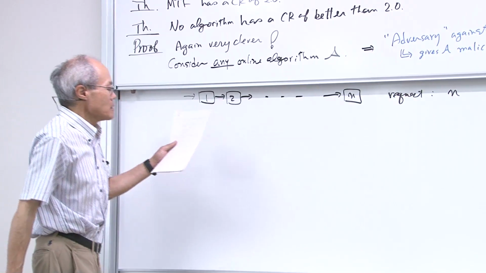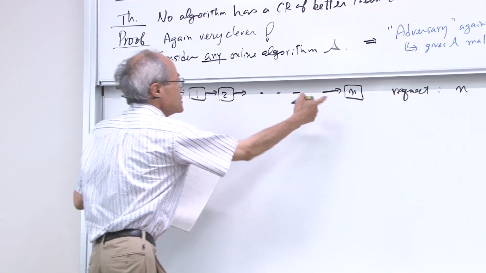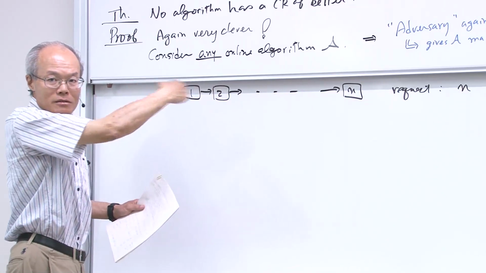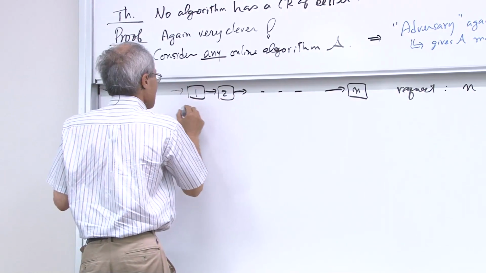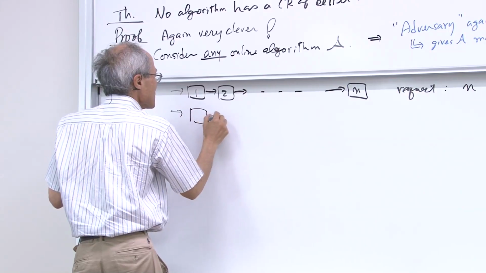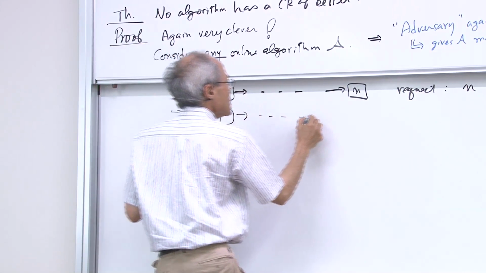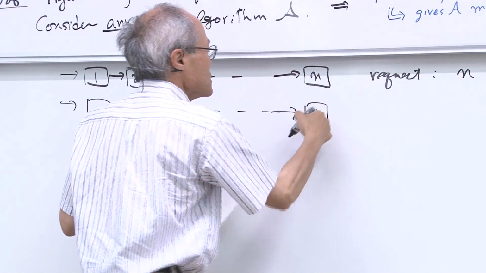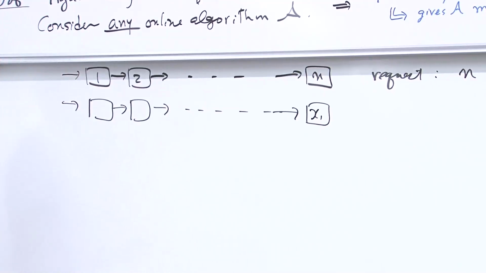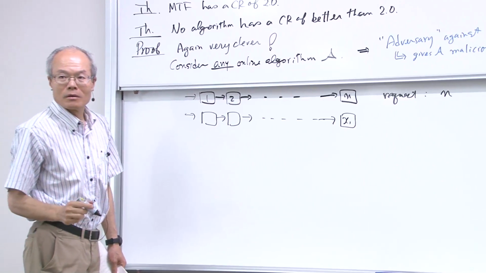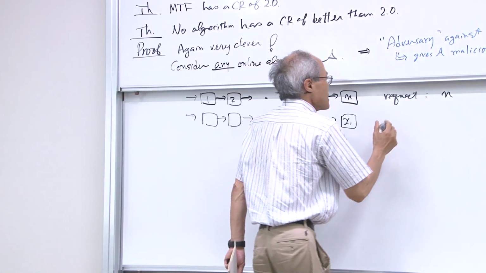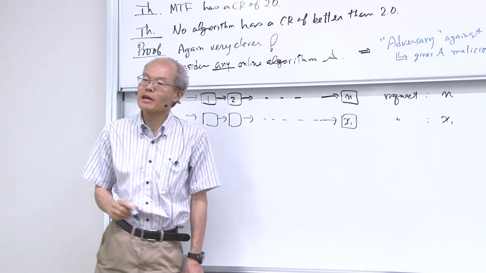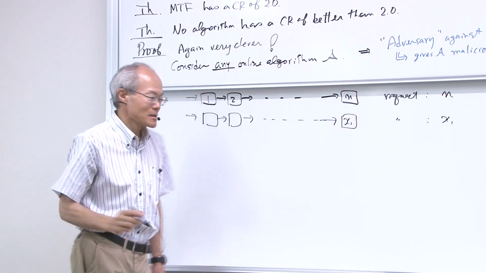Then algorithm A moves this item in the direction of the front. So the next one is, I don't know, maybe x1, the last item. Again the request is x1, the last item. Very, very mean, very malicious.